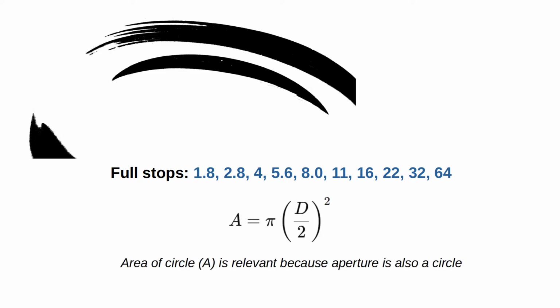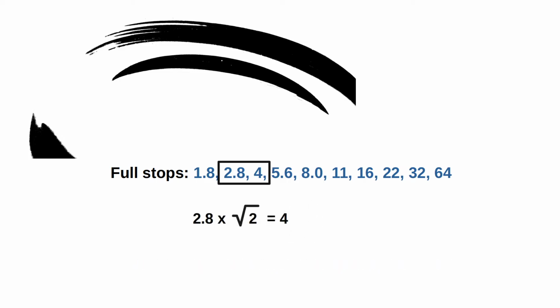Since the area of a circle is proportional to the square of its diameter, using the square root of 2 allows each step in the f-stop sequence to double or halve the amount of light entering the camera. In simpler terms, going from one f-stop to the next higher number lets in half as much light.